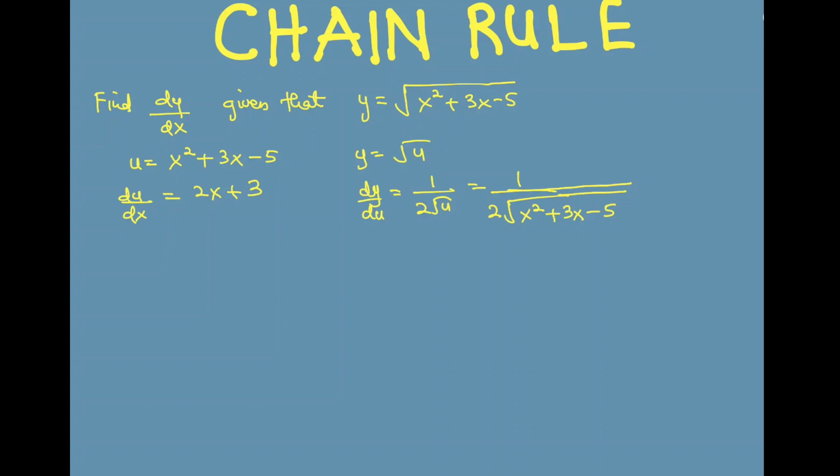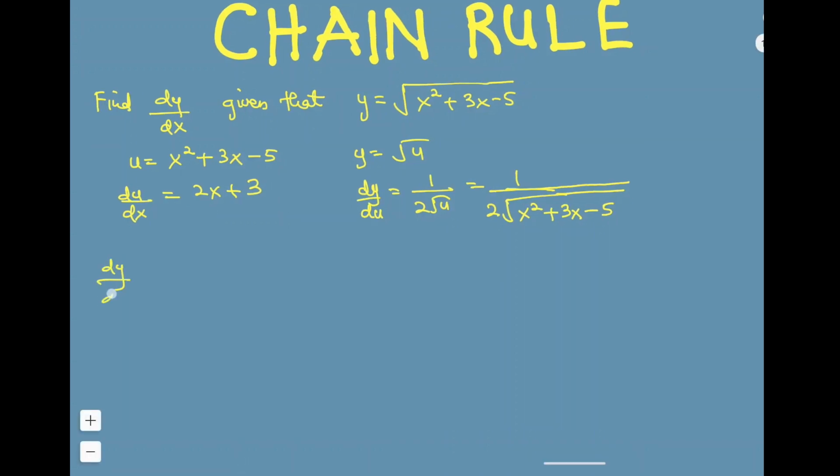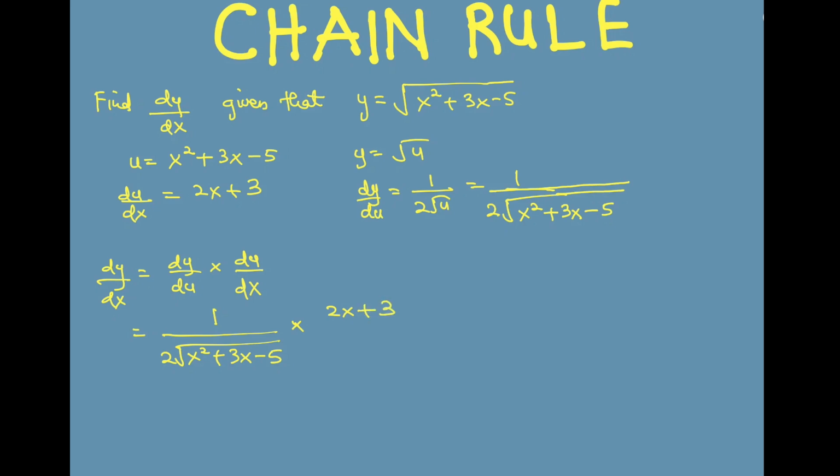And the chain rule says that dy over dx equals the derivative of y with respect to u multiplying the derivative of u with respect to x. The derivative of y with respect to u is 1 over 2 square root of x squared plus 3x minus 5, multiplying the derivative of u with respect to x, which is 2x plus 3.